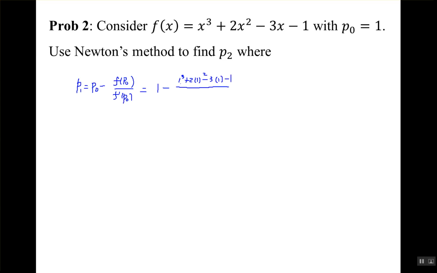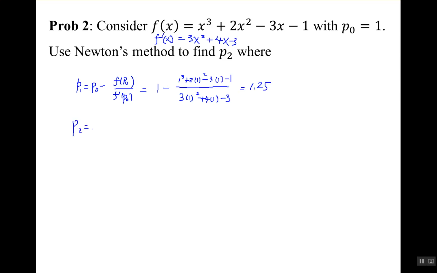The bottom is f prime of P0, which is f prime of 1. We need the f prime of x, right? So how about we just find it here? Minus 3. So we need to plug that in here. So 3 times 1 square plus 4 times 1 minus 3. And then the algebra turns out to be, the result is exactly 1.25.